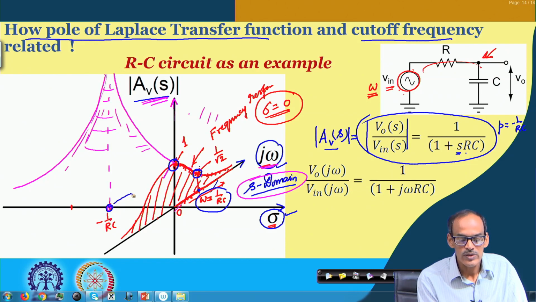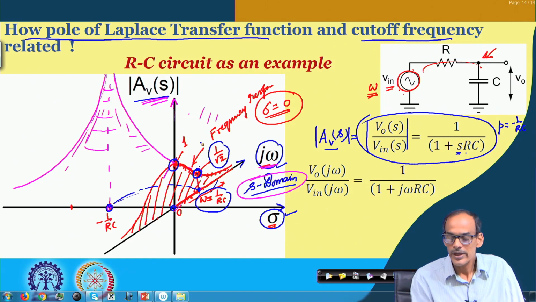If I draw a circle centered at the origin with a radius of 1 by RC, that circle cuts the j omega axis at this point, and at this point the magnitude is 1 by root 2.